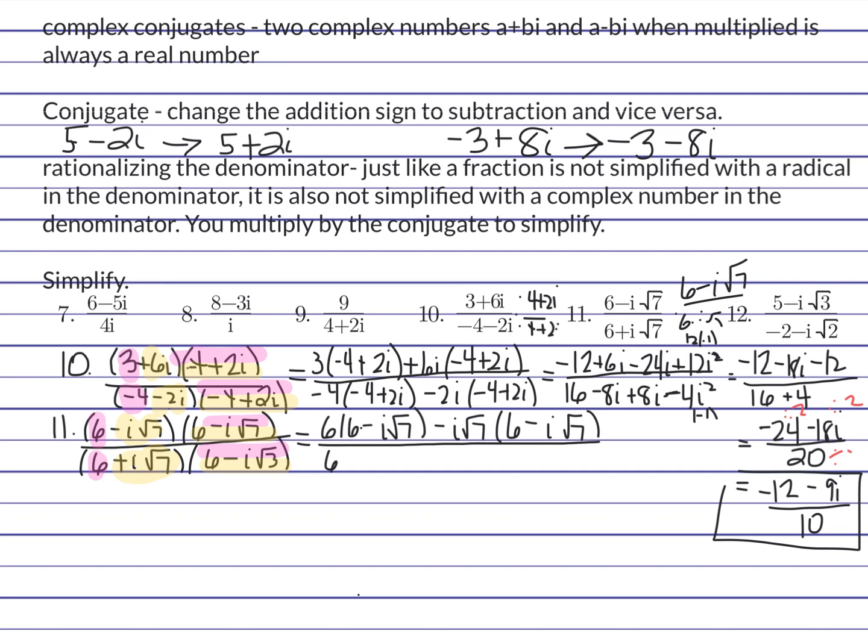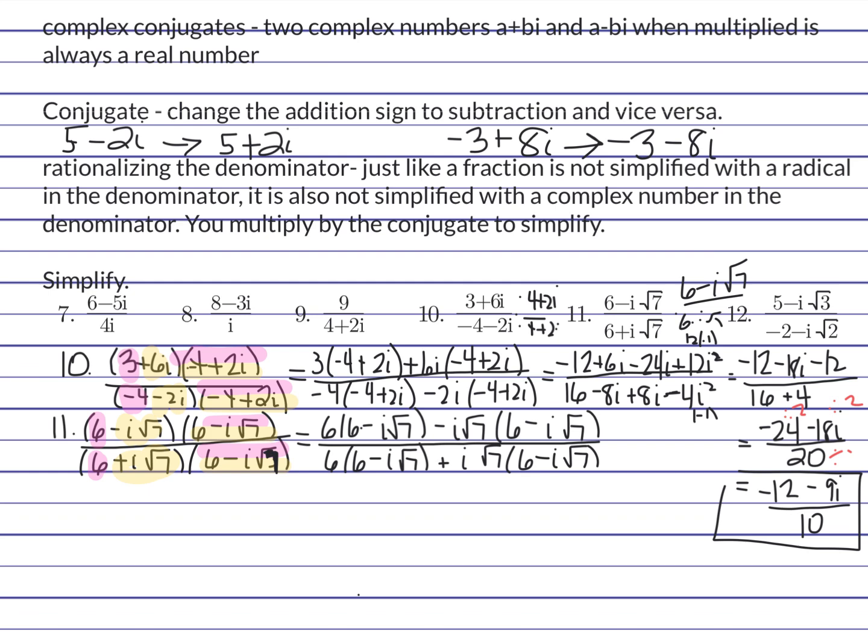Oh, I see a mistake. There's a 7 here. I'm sure some of you already saw that, and I didn't see it till just now, and that's okay. So 6 times 6 minus i times the square root of 7 plus i times the square root of 7 times 6 minus i times the square root of 7.